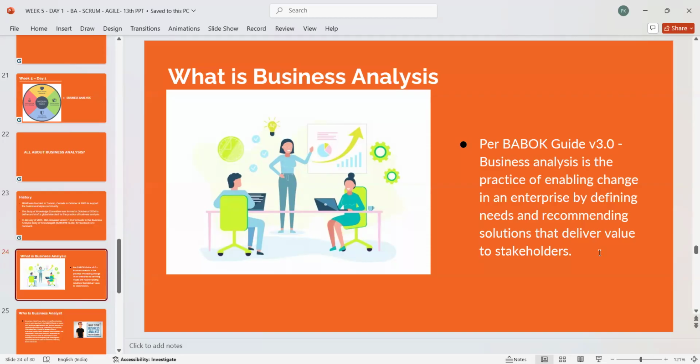How? By defining needs, by ensuring that we know what the needs of the customer or stakeholders are, and recommending solutions. So we have some need, some requirement, and we are coming up with solutions that deliver value to stakeholders, right?